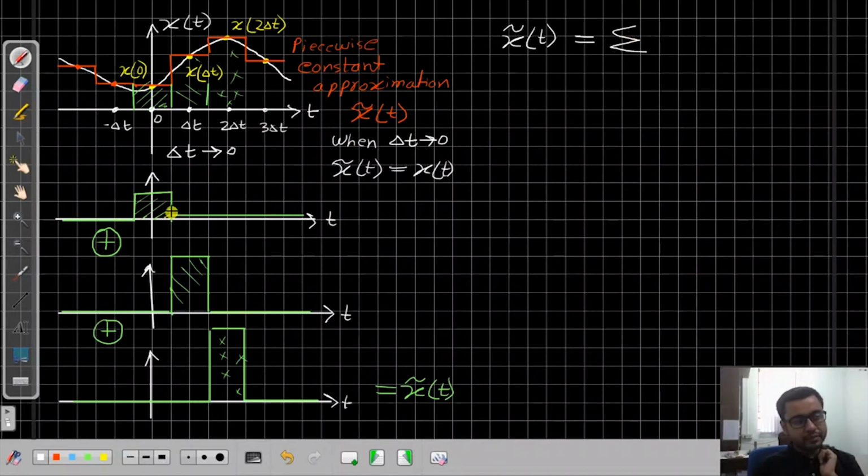So what should be the mathematical expression for this signal? Note that when delta t is close to 0, then this is like an impulse function, because this is 0 everywhere other than a very narrow region near t equal to 0. So this will look like an impulse function or impulse signal, delta(t).